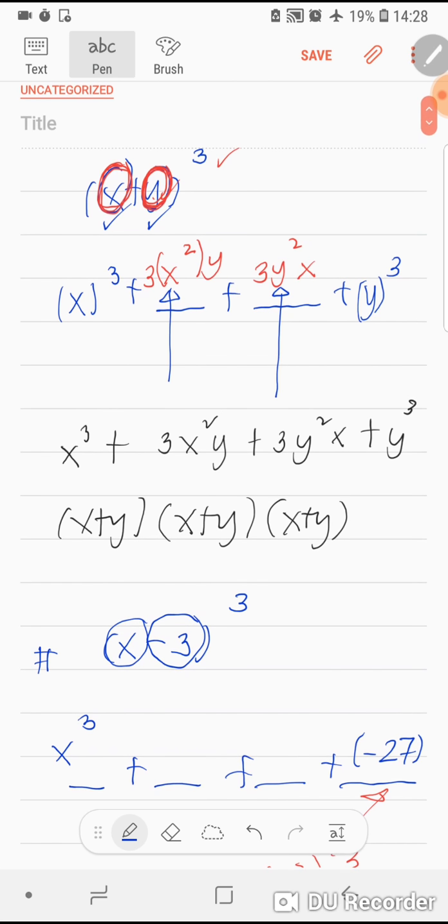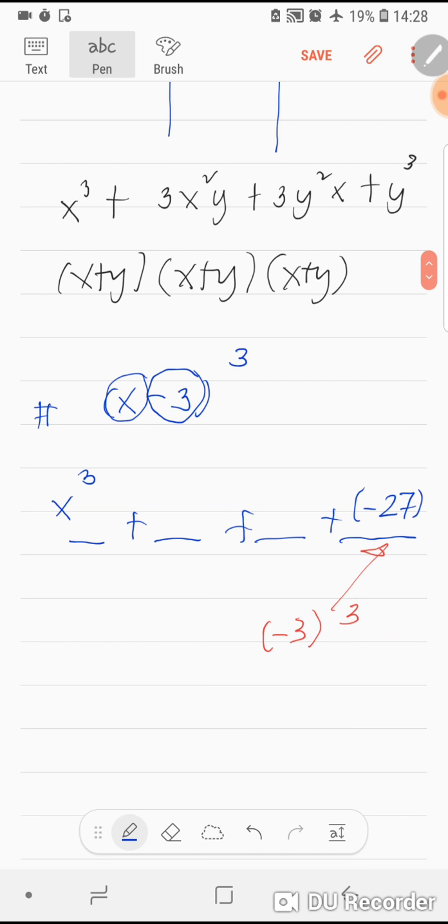So the same thing as what we did here, where we multiplied 3x squared times y, we also have to do the same thing here. So 3 times x squared times negative 3. You should not forget the negative 3 in this case. So 3 times negative 3 would be negative 9 times x squared.